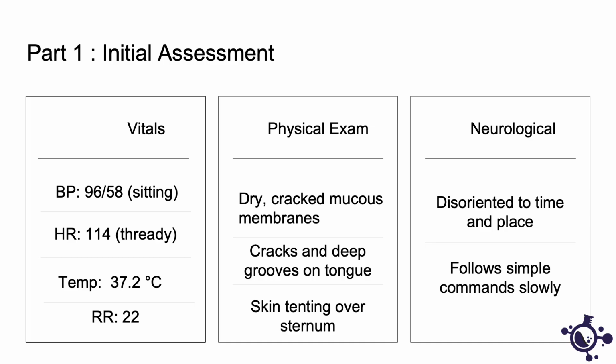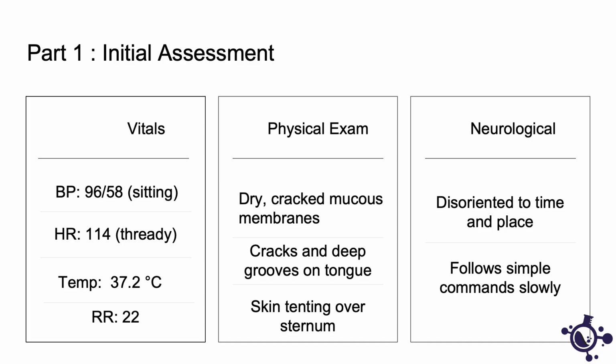You performed your physical exam, and what you noted was that her mucous membranes are very dry and cracked, and her tongue also is very dry and cracked, with deep grooves within it. And she has some skin tenting over her sternum as well. And neurologically, you noted that she was disoriented to time and place, but she still follows commands slowly.